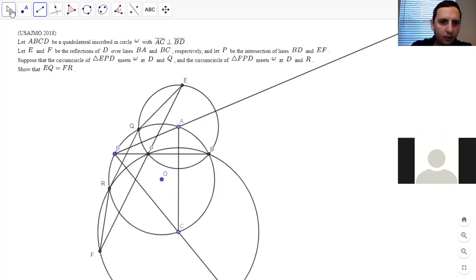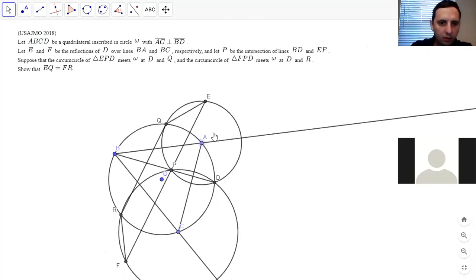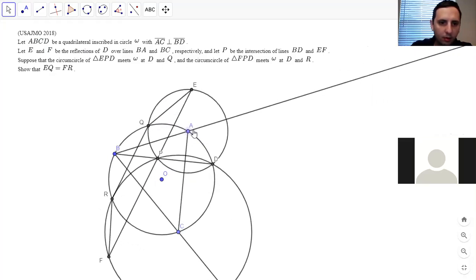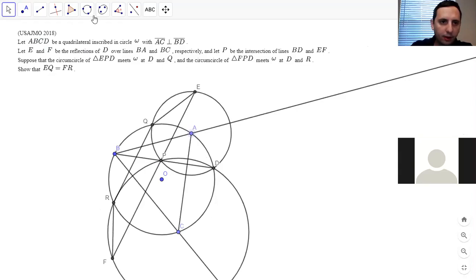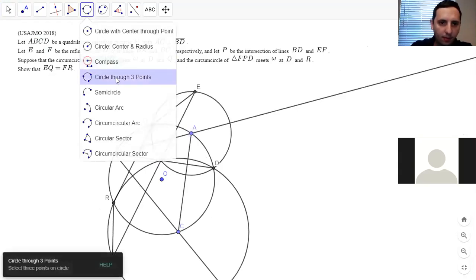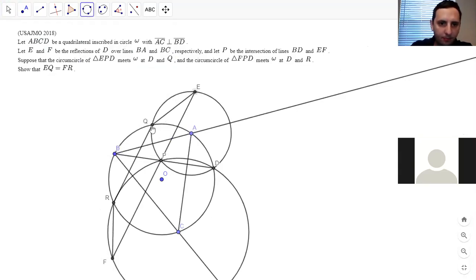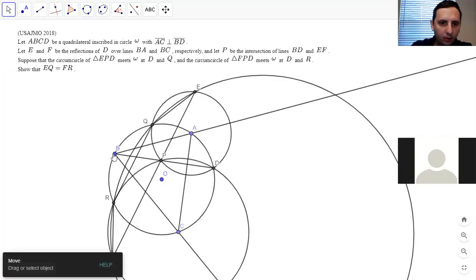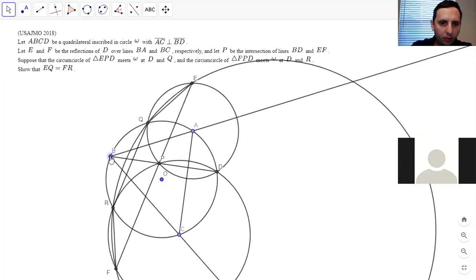I don't think so, but I'm not sure. Maybe it is. Let's see, how would I check that? I like to check if it's cyclic. Yeah, that looks like an isosceles trapezoid actually. So that's really what we want to show.